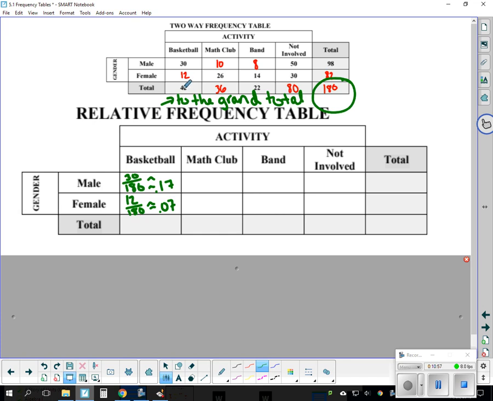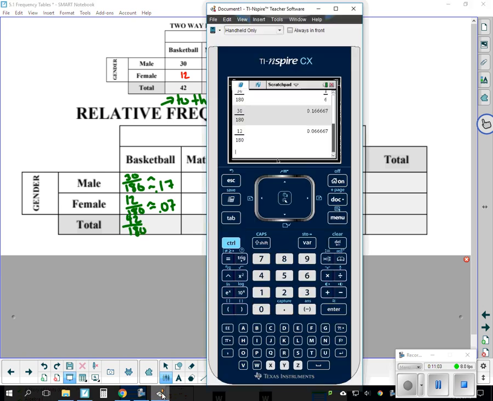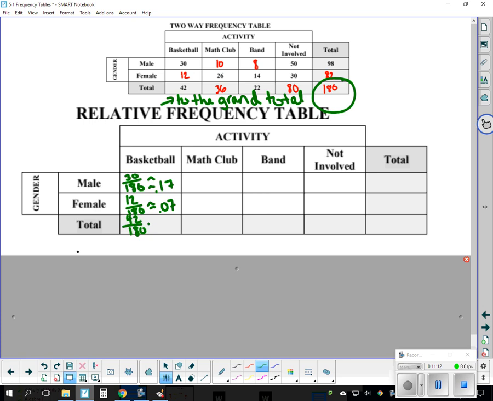My total there is 42, but it's relative frequency, so I have to divide it by 180. 42 divided by 180 gives me 0.23 repeating. Okay, rounded to 0.23. Okay, so for each one, you're taking the number in the block, dividing it by 180, and making it into a decimal. Go ahead and pause the video, and you guys fill out the rest of the chart.